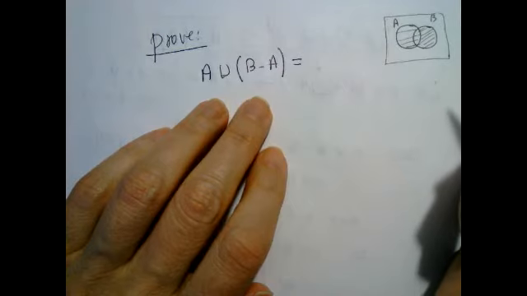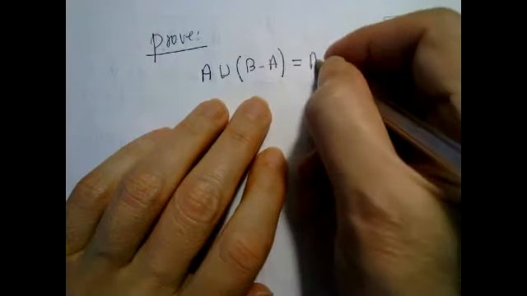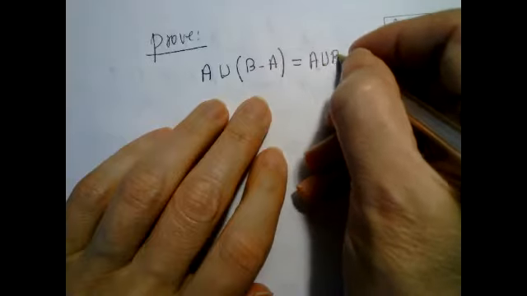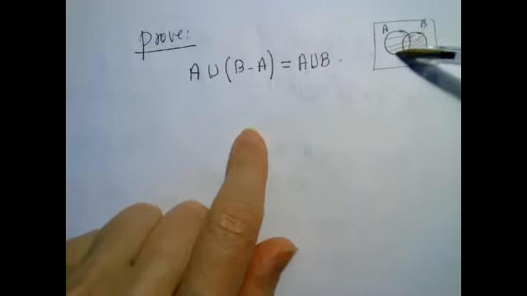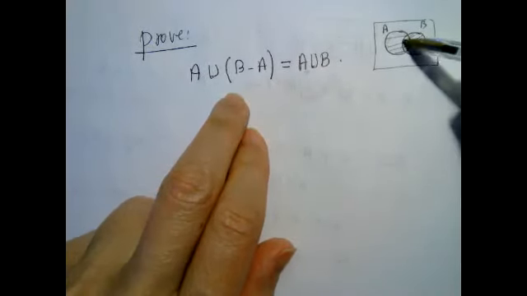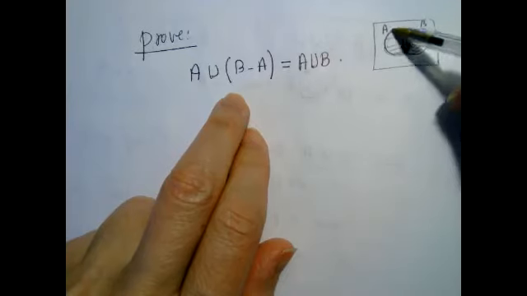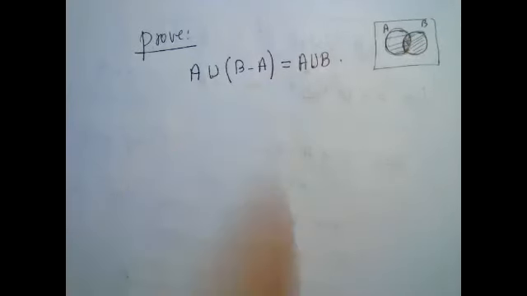Quickly, guys. A union B. Okay, that's A union B minus A. I should get A union B. And now we have to prove it.